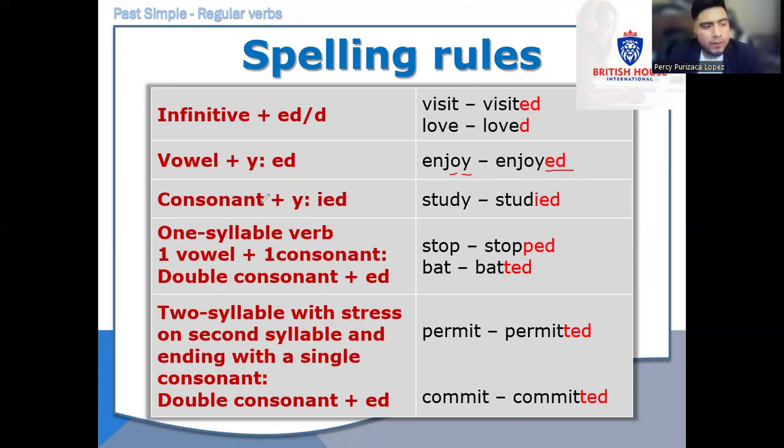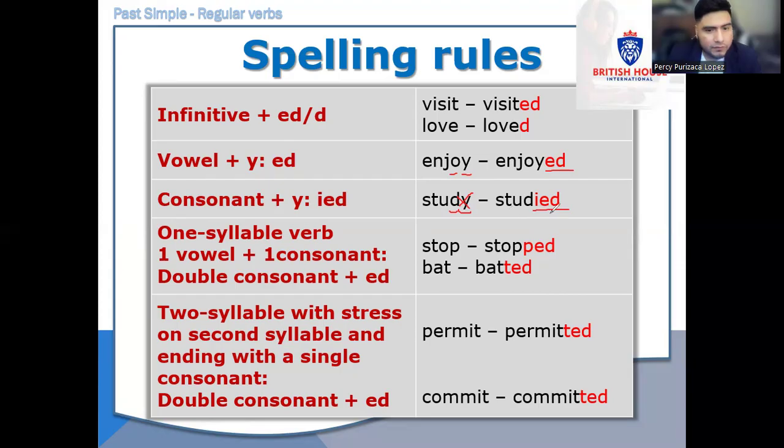This other rule is very particular because it says if you have a consonant plus Y, you have to eliminate Y, delete it, and you add IED. Just like with study. For example, D is a consonant and Y, which is the letter mentioned before. So we fulfill the rule, and as I mentioned before, you have to eliminate Y and you have to add IED.